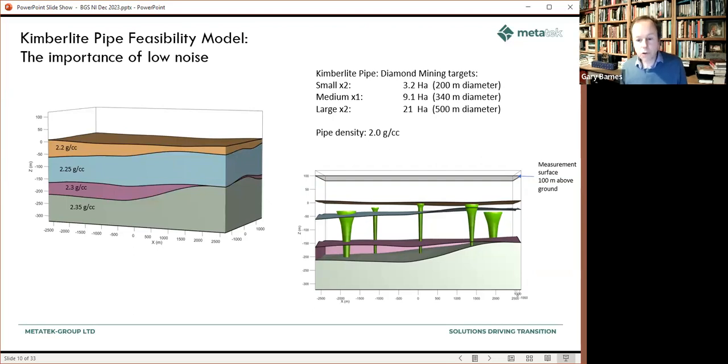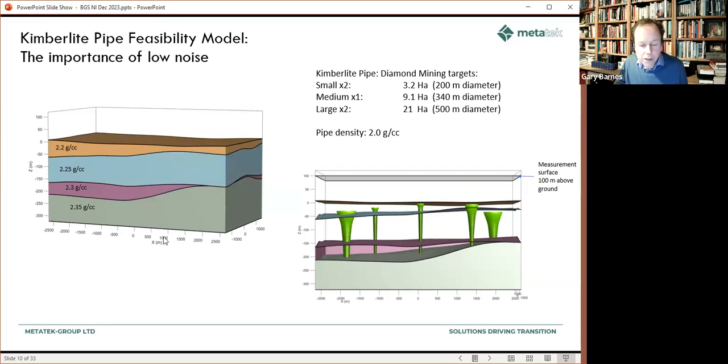But in fact, they are also the ideal target for gravity gradiometry because they're fairly localized. They have a low density compared to their surroundings, so we expect to see the gravity dropping down as we fly over the kimberlite pipe. But they're fairly high frequency features, fairly short wavelengths, and therefore they lend themselves quite nicely to these gravity gradiometric surveys.